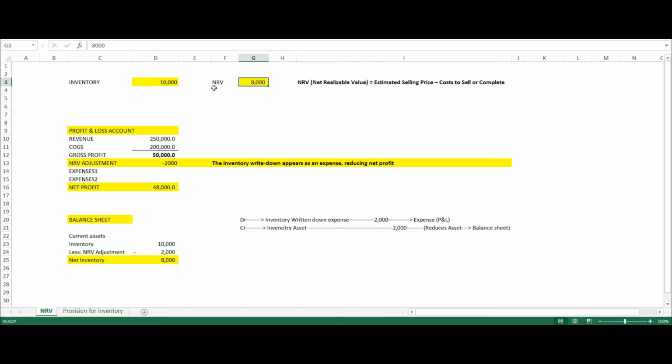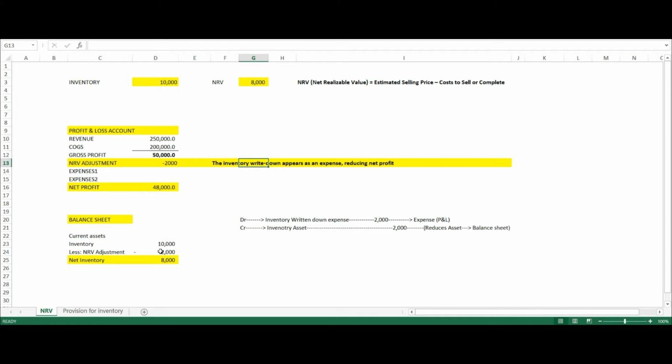So how will it happen? You will record an inventory expense of 2,000, not in the cost of goods sold but after gross profit. You can name it as NRV adjustment expense or any other similar name, or inventory written down expense, with 2,000, and this will reduce the net profit.